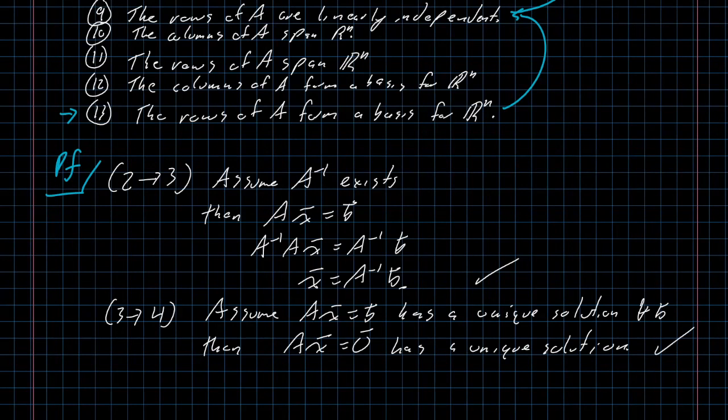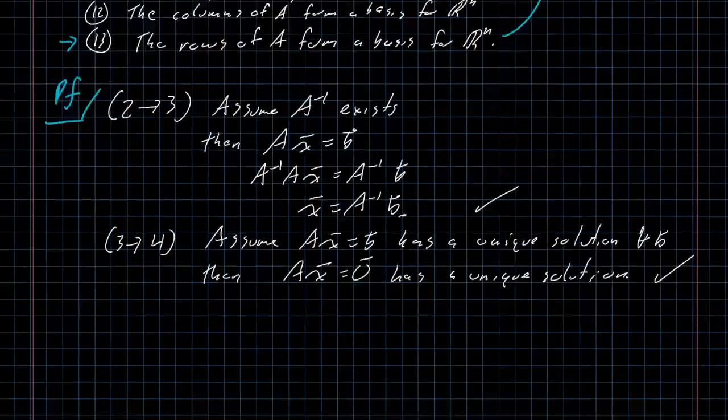And we know that AX equals 0 always has the solution X equals 0. If it has a unique solution, that's the only solution. We're good to go.